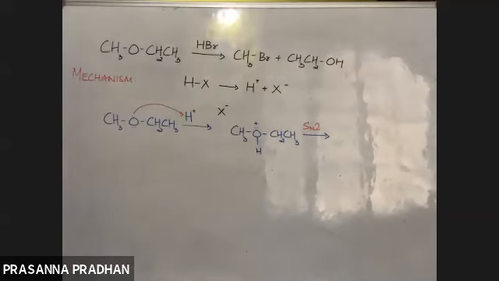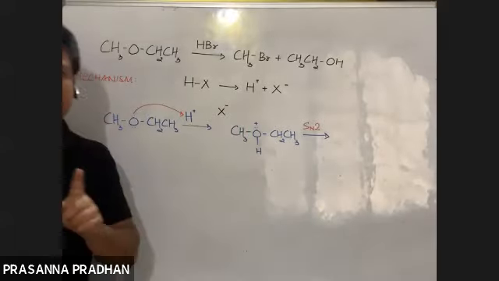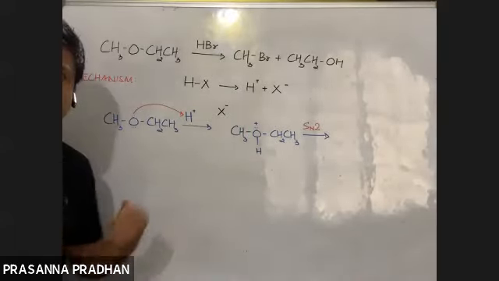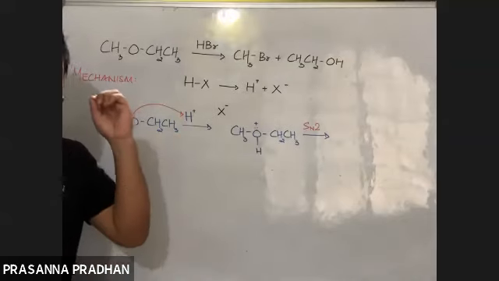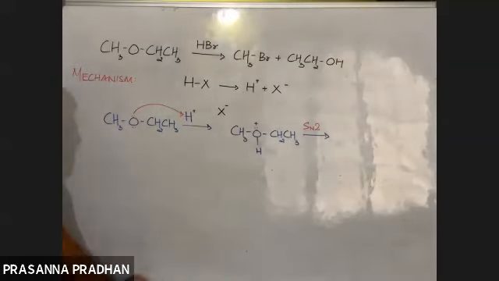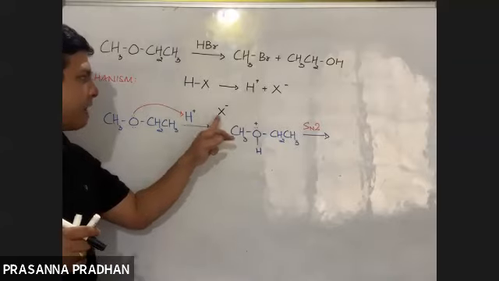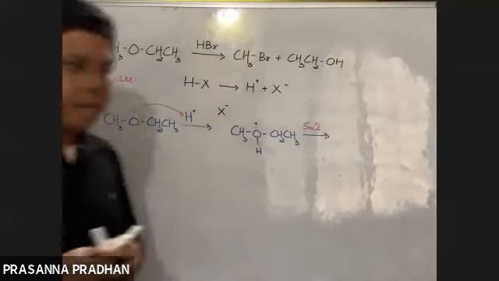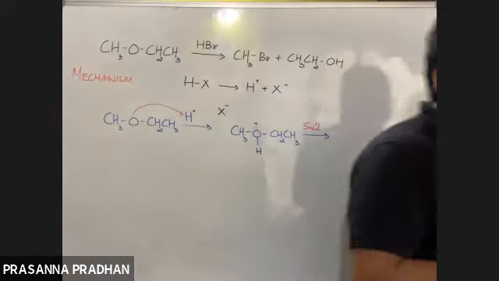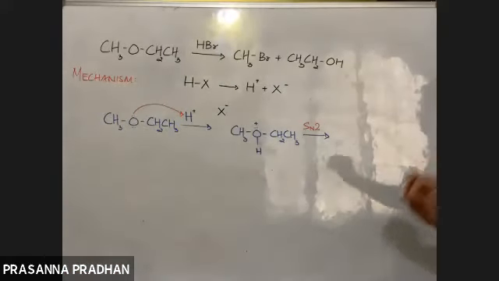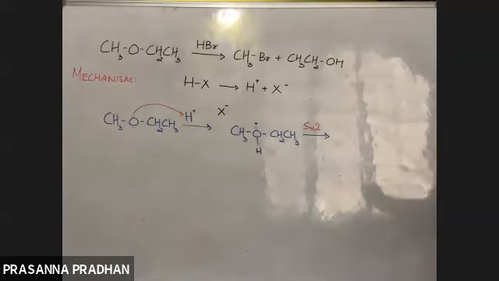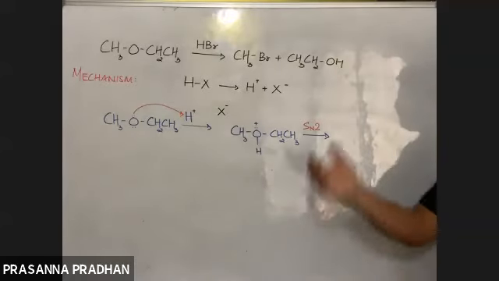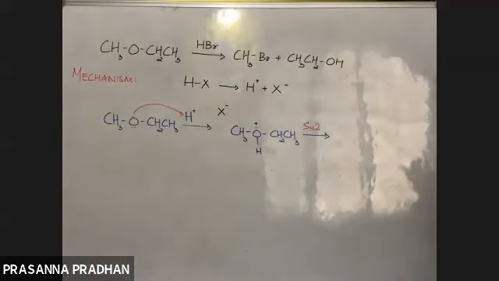Now we know the order of reactivity towards SN2 reaction is determined by steric hindrance. We have learned that in detail. So in SN2 mechanism, always remember the nucleophile will attack the less sterically hindered or less congested carbon atom.